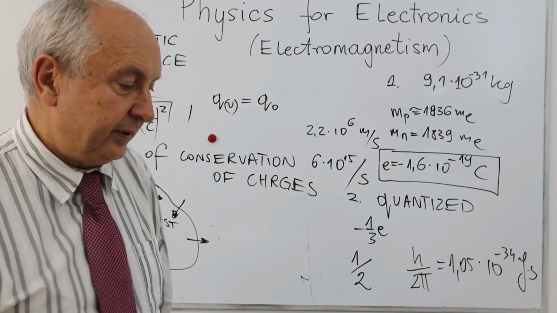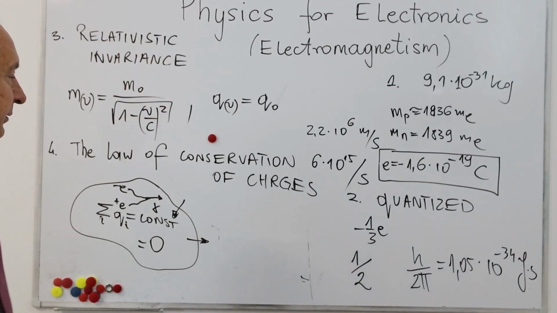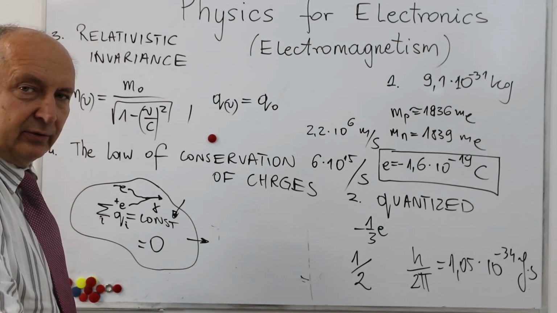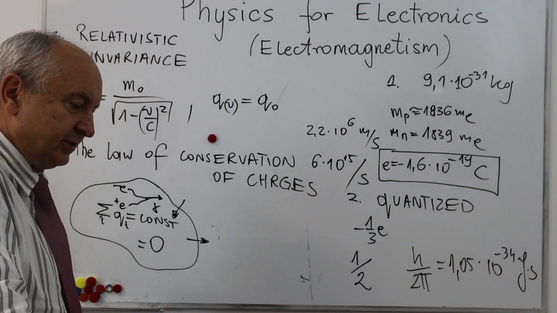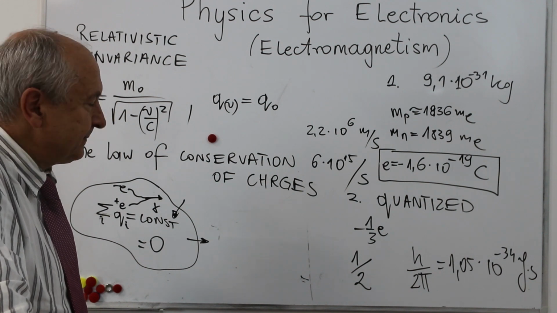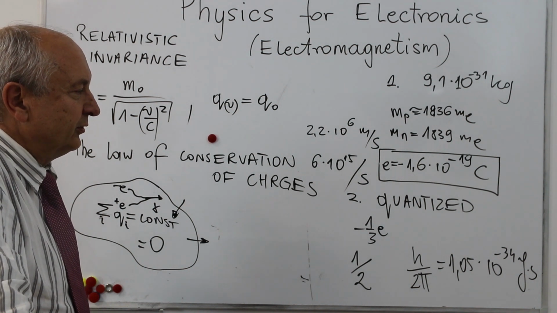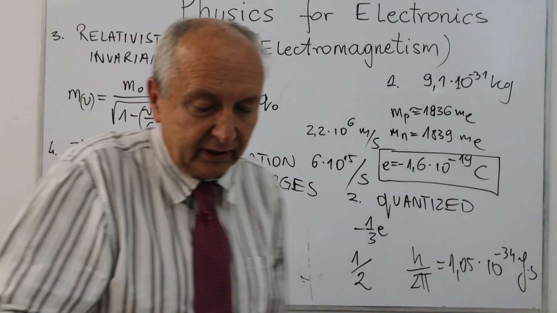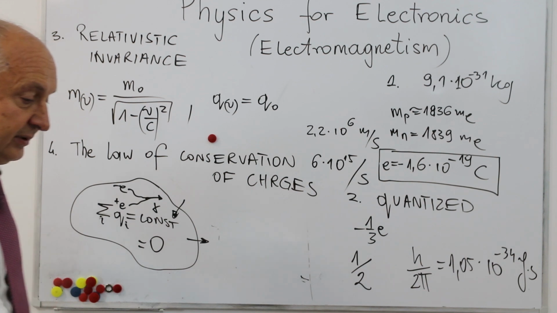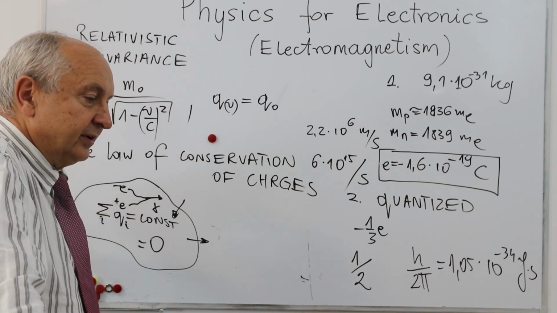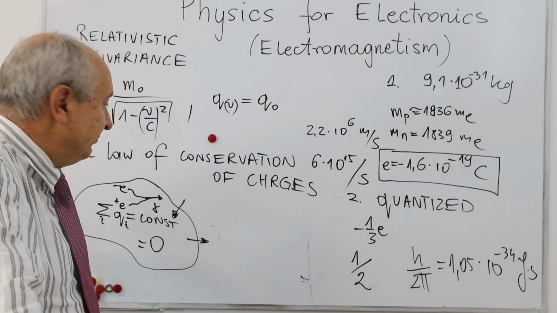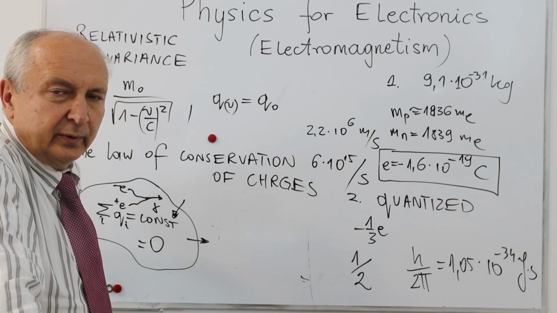Later we knew that electromagnetic forces are much stronger than gravitational forces. So from this knowledge we came to the statement that in the universe, for example, in all galaxies, the sum of positive charges and negative charges is equal to 0.